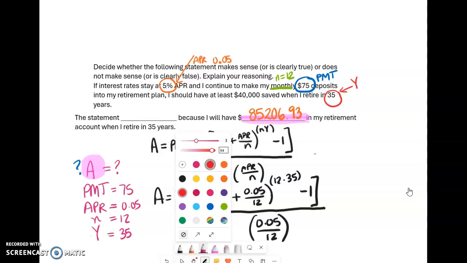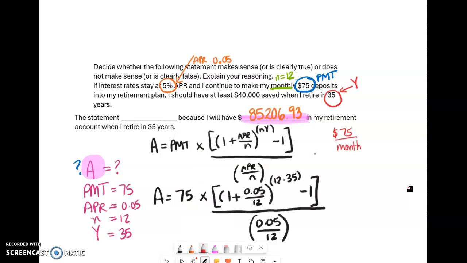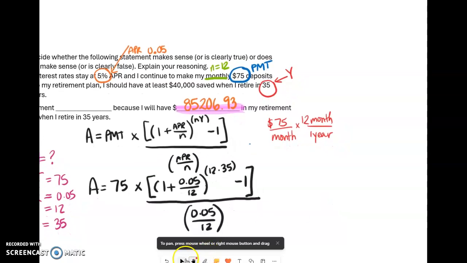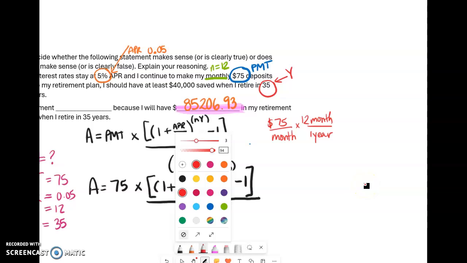So if you saved $75 every month, there are 12 months in every year. So I'm doing some conversions here. And you saved for 35 years.